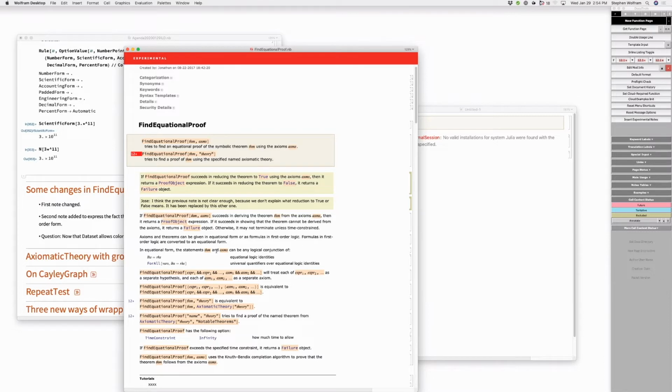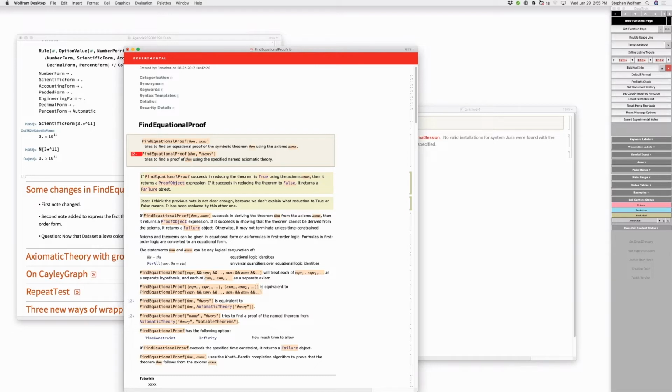Okay, so now statements can be any logical conjunction. Is that right? Ands, no ors. Does it have to be conjunctions? Well, the basic form is a conjunction of statements. Okay, so what other things can you have in there?